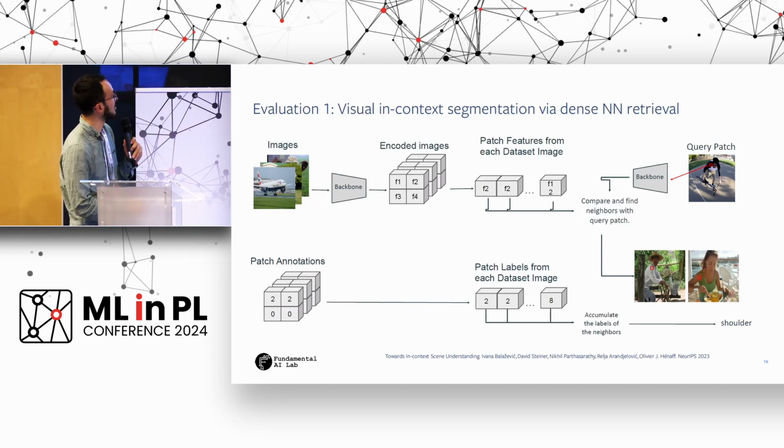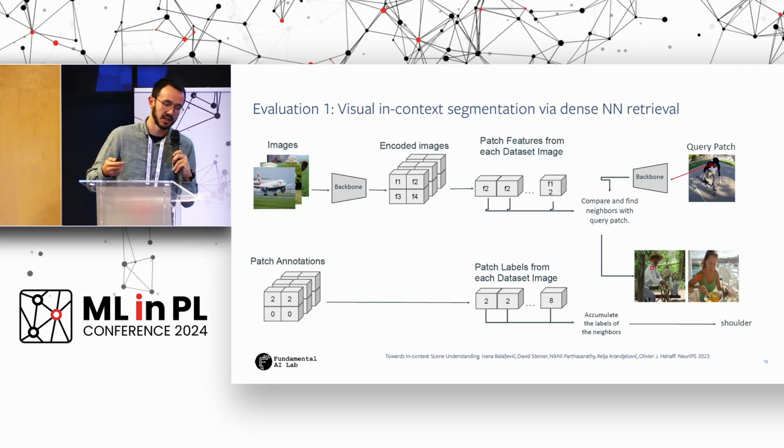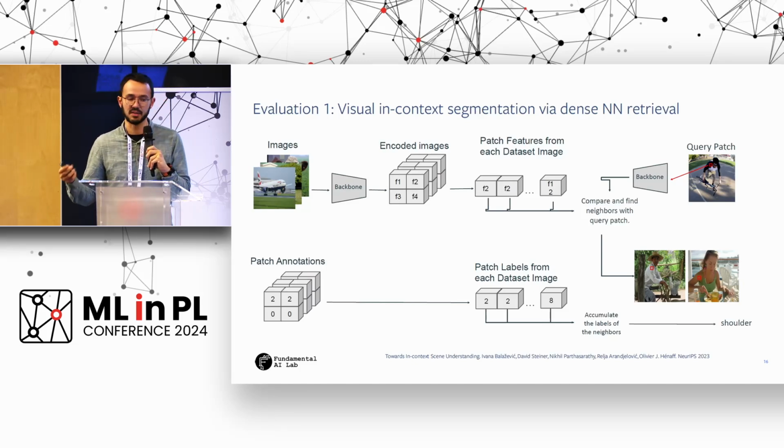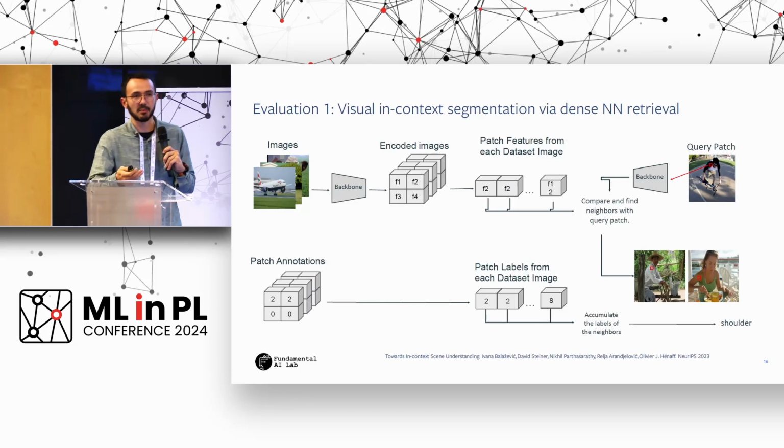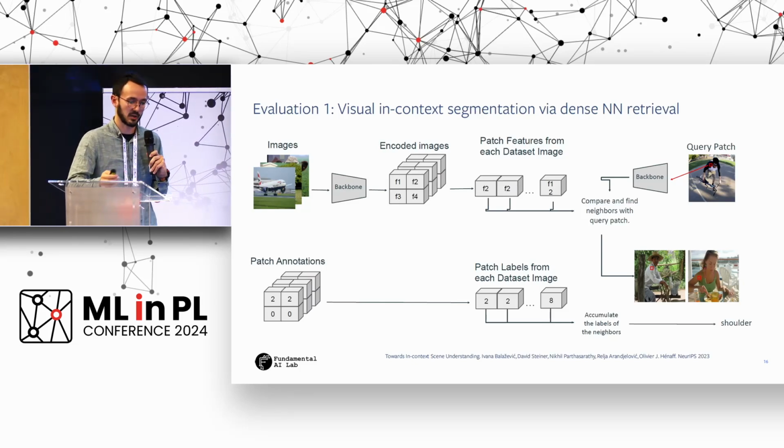So in this case, for example, the training annotation for this patch might be shoulder, and here hopefully it is also shoulder or human. Then you simply do nearest neighbor retrieval and get the annotation this way. This way you can do semantic segmentation with frozen models, which is a very nice way and sort of resembles in-context learning for large language models.